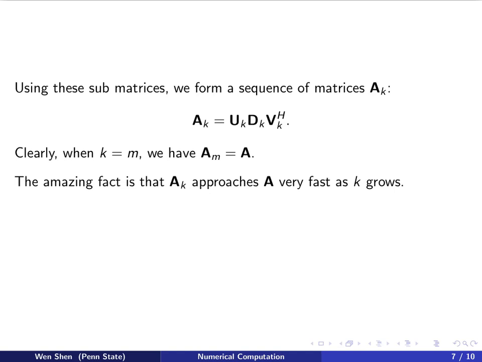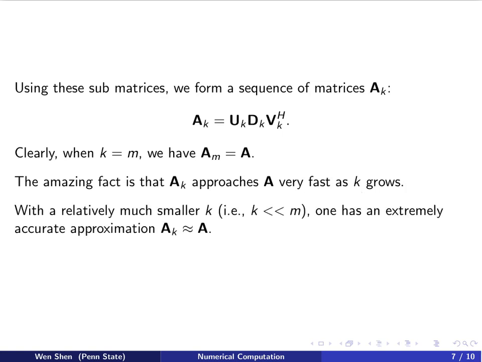Now, one amazing fact is that as K increases to m and A_K approaches A, that convergence is very fast as K grows. So A_K approaches A extremely fast when K grows.